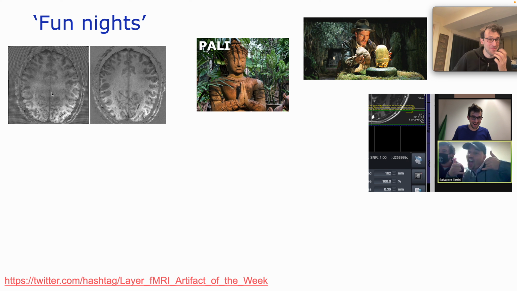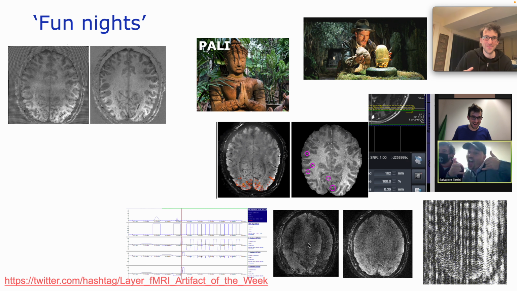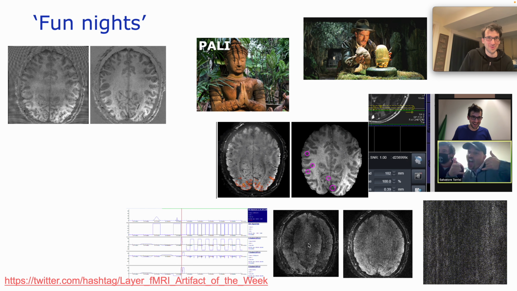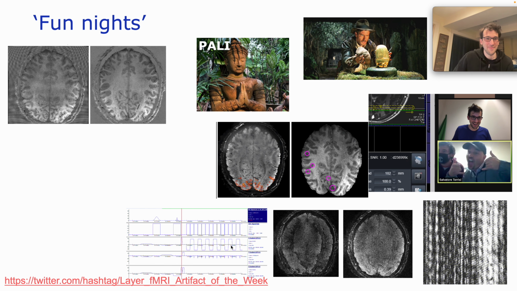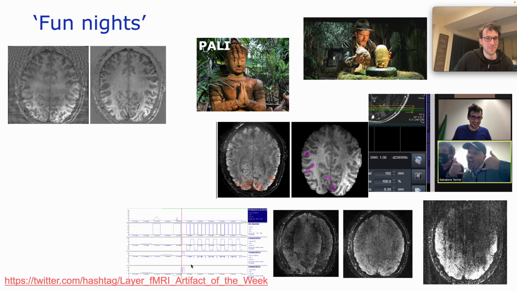We had a lot of fun figuring out blurring issues with the nonlinearity corrections of the gradients, inflow effects in VASO that we had to deal with, but also very unconventional spikes or eddy current artifacts, different than what I'm used to at conventional 0.8 millimeter layer fMRI resolution.